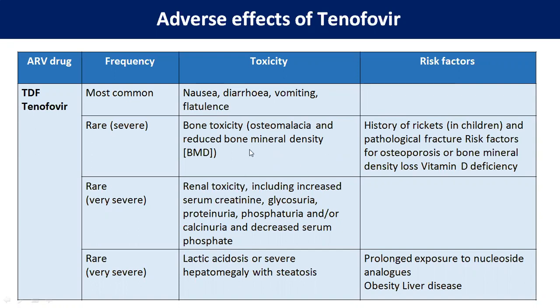We don't have a DEXA scan machine to know the bone mineral density, but at least you can check vitamin D, calcium level, features of rickets, and can give preventive therapy sometimes. Rarely, and more in the older age group, there is renal toxicity, Fanconi syndrome-like symptoms such as glycosuria, high rise of creatinine, proteinuria, phosphaturia, and calciuria. Sometimes there may be lactic acidosis with organomegaly and a fatty liver.